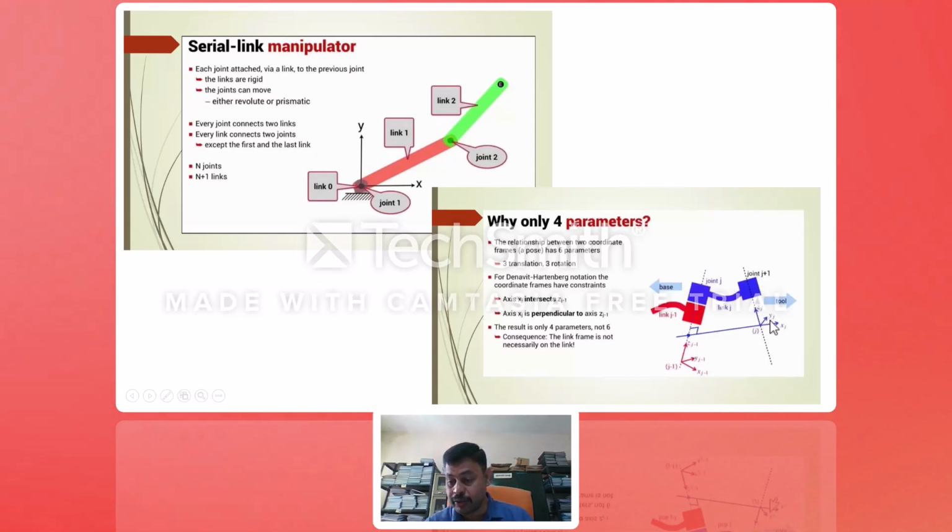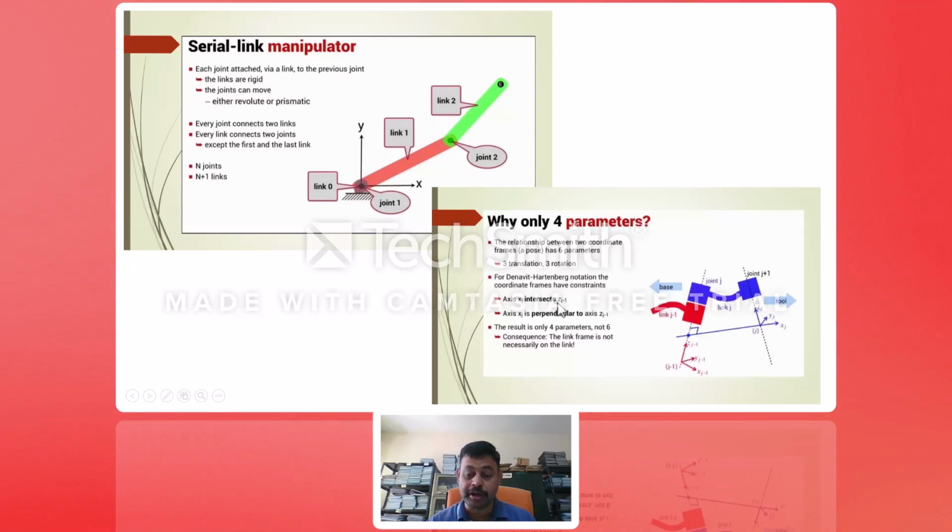Next, this is the representation. Here you look at axis xj intersects zj minus 1. Axis xj will intersect zj minus 1, so both are intersecting. It is coming here, xj is going here, both intersect. Then axis xj is perpendicular to the axis zj minus 1. This is coming in this direction, this is going in this direction, mutually perpendicular.